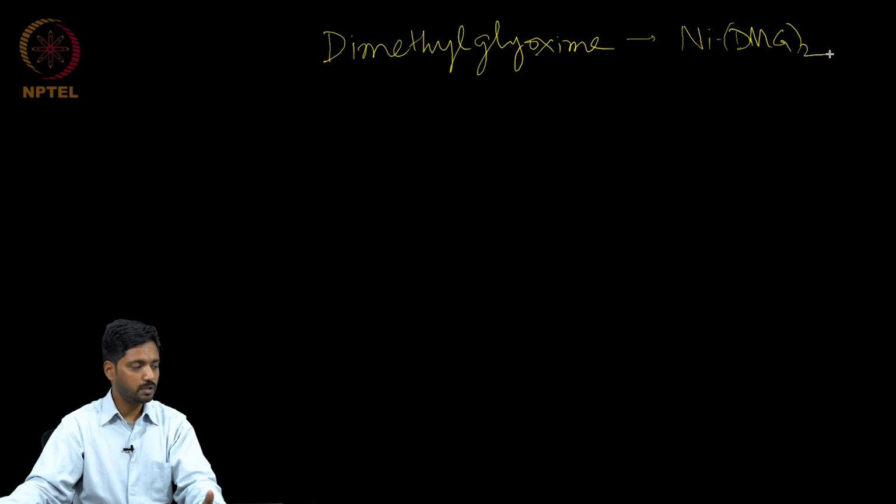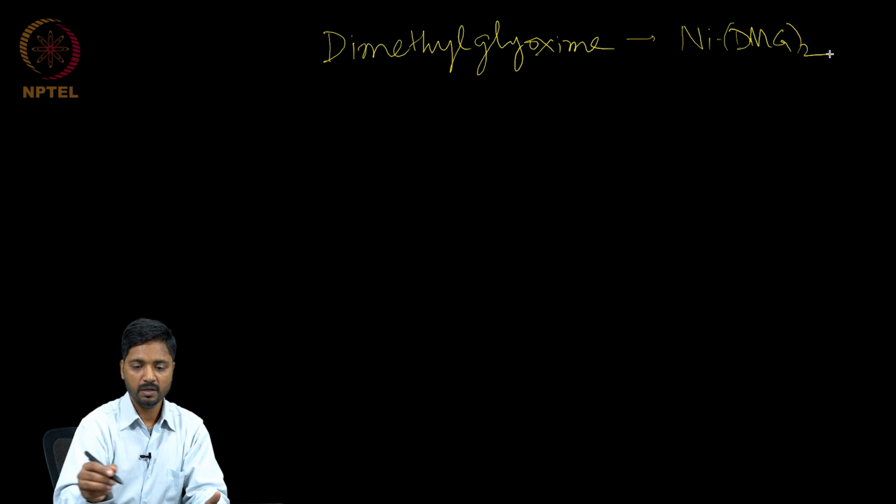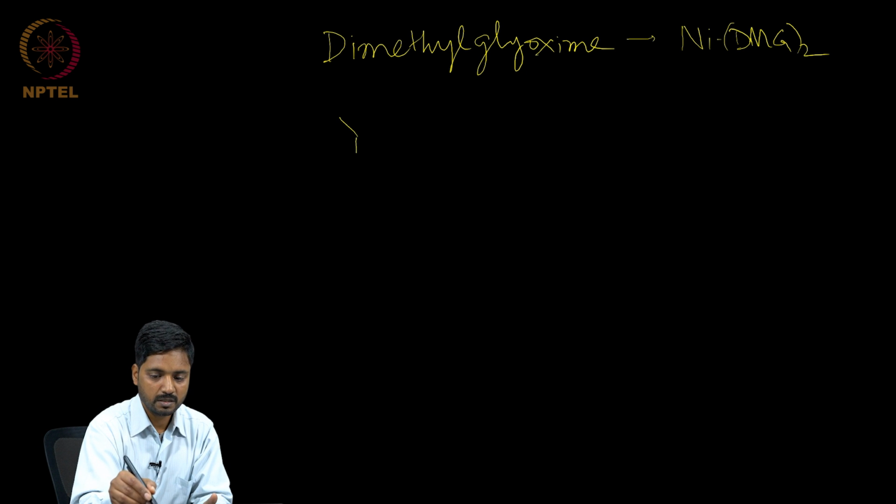So, the structure of the dimethyl glyoxime nickel complex is something like this.